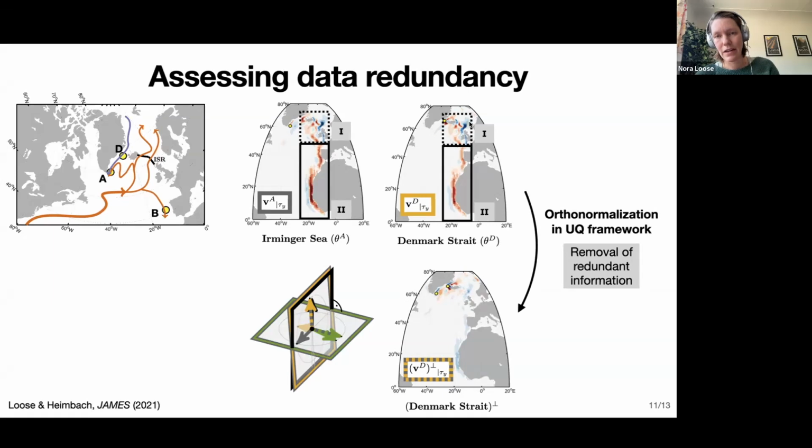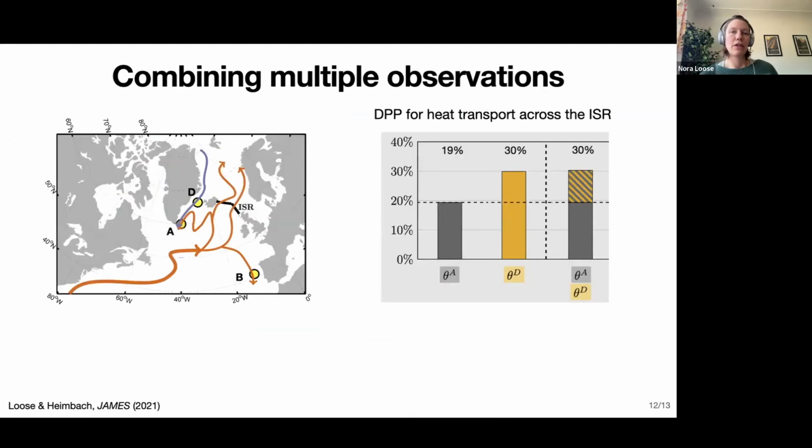You see that a lot of the sensitivity information of the Denmark Strait observation got removed because it was redundant. So now we can combine multiple observations and ask, what is their combined information content, or what is their combined uncertainty reduction?